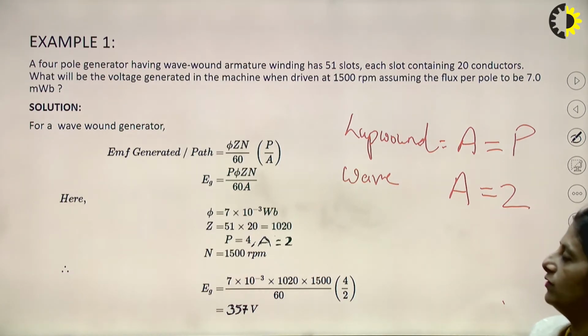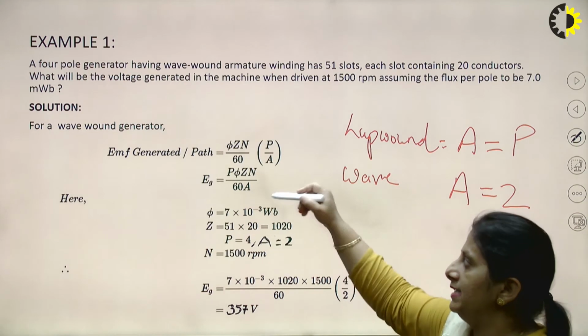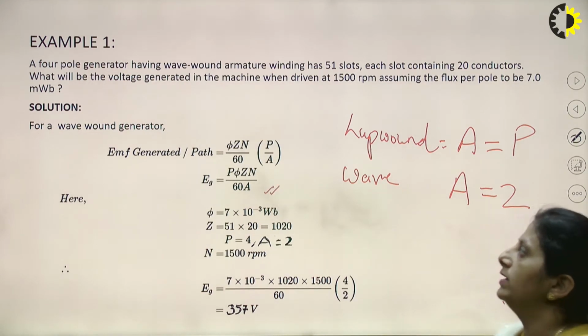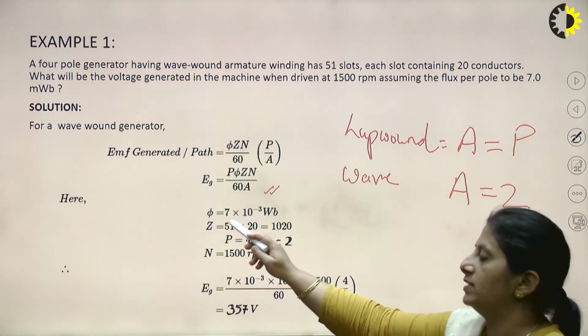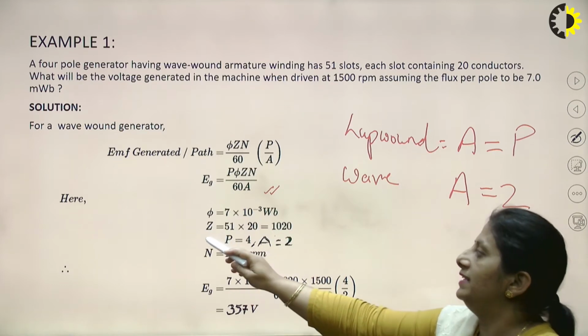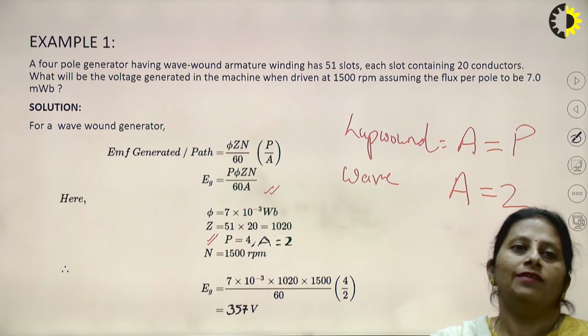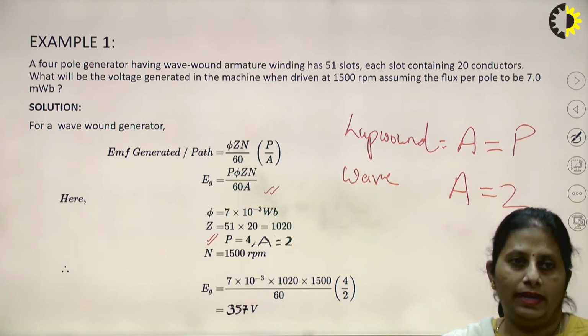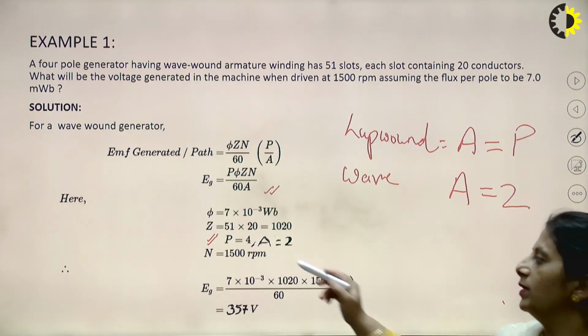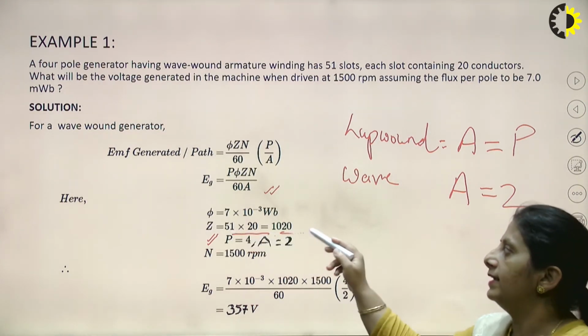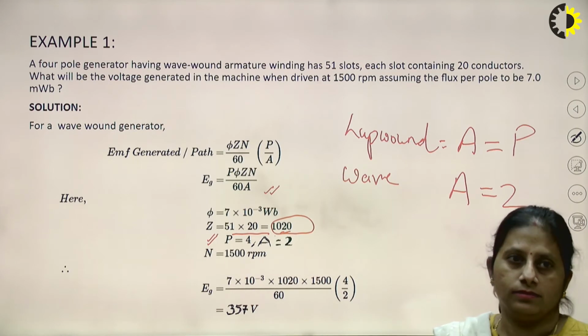So in the EMF equation phi p n z by 60A, the flux given to us is 7 milliweber, that is flux per pole. For the number of conductors, we have 51 slots in the armature winding and each slot has 20 conductors. So the total number of conductors becomes 51 into 20, that is 1020 conductors, right.